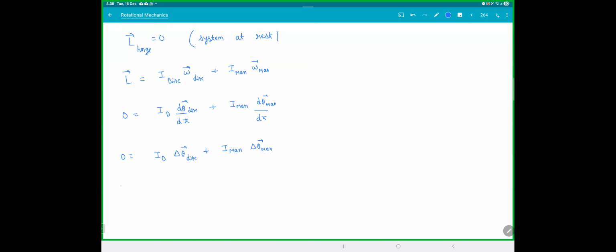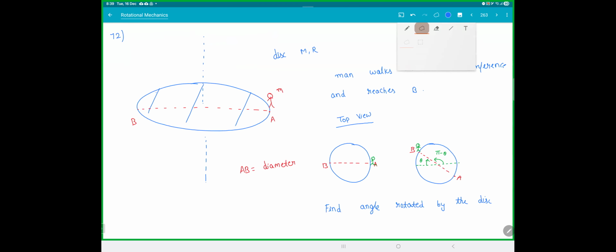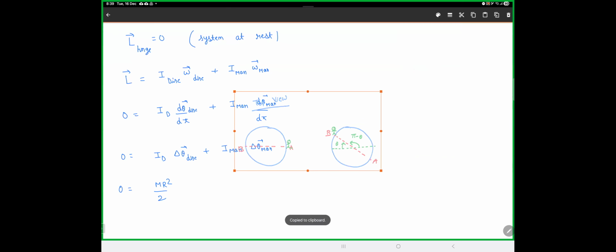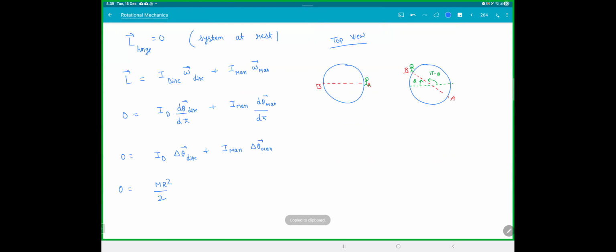Right, now if you try to apply the formula, moment of inertia of the disk is MR squared by 2. Theta of the disk, we are assuming, this is the picture. So the man is rotating clockwise, the disk is rotating anti-clockwise, so theta minus k cap.